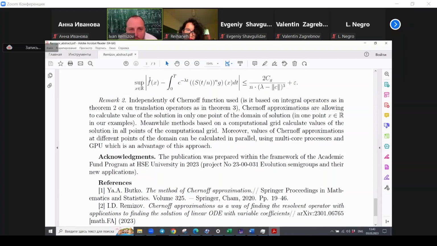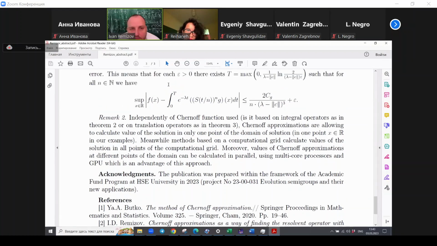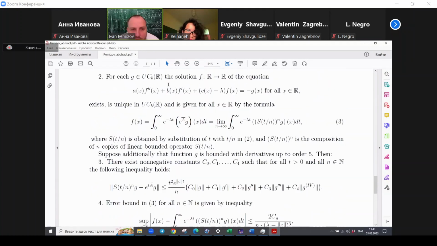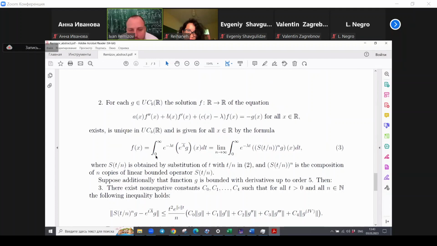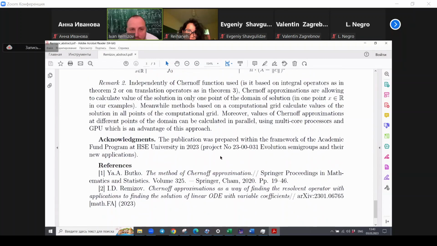So here, see f of x. f of x is equal to this. Meanwhile, methods based on a computational grid calculate values of the solution at all points of the computational grid. So if you need the solution in only one point, then you can use Chernoff approximations. It may give some time economy.